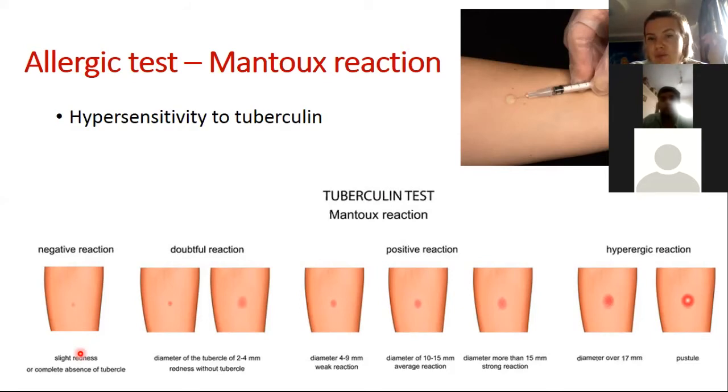Positive reaction from 4 to 15 millimeters, and extra positive reaction if you detect a diameter of more than 17 millimeters.